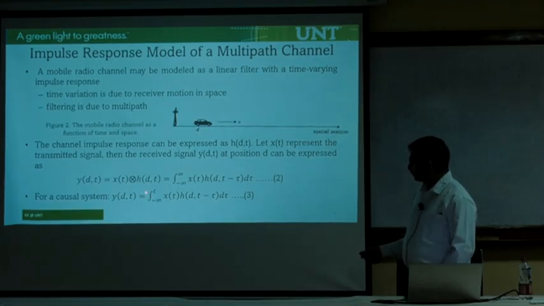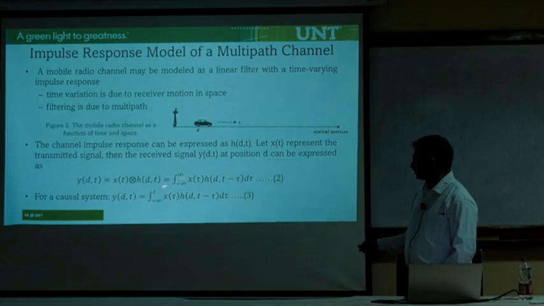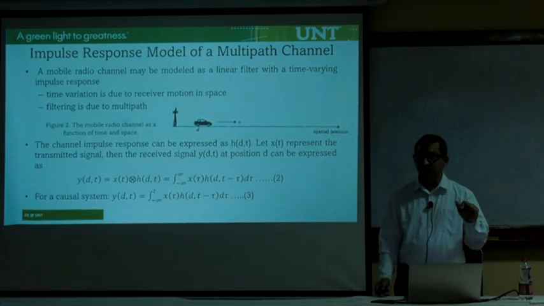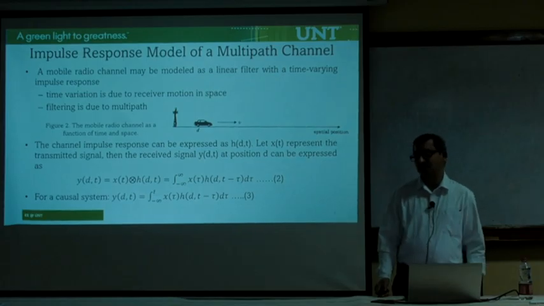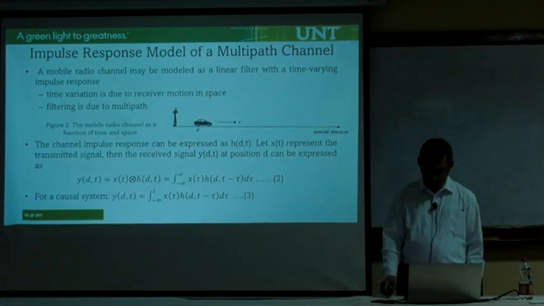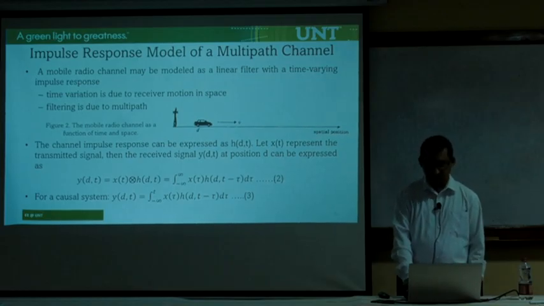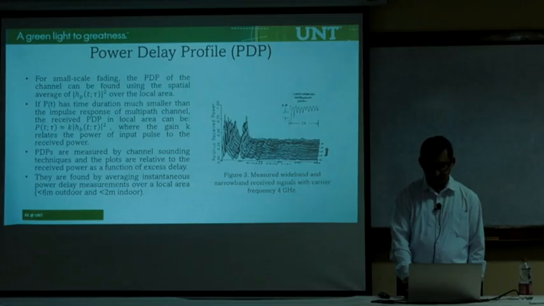And if you understand what a causal system is, then you can see how this simplifies: the upper bound becomes t instead of infinity. If you know the definition of a causal system, think about it. I will probably give you that as a question in the homework. It's just a small thing, but if you are able to understand that, that's good.